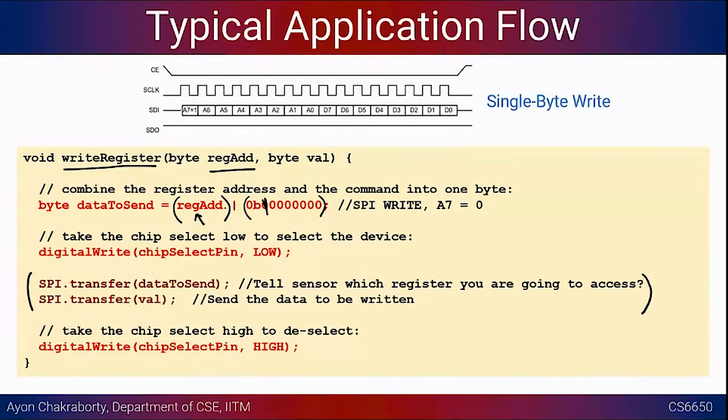This one is the address of the register. So once you send the value val, it is immediately going to copy that value to the particular register inside the sensor, and then you are done. You then make the chip select pin high. So this is transporting the 1 byte to be written in a register inside the sensor.